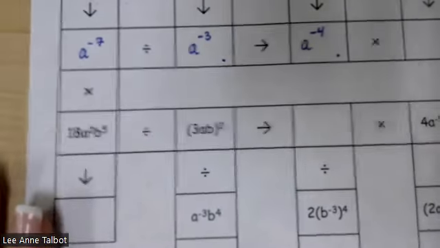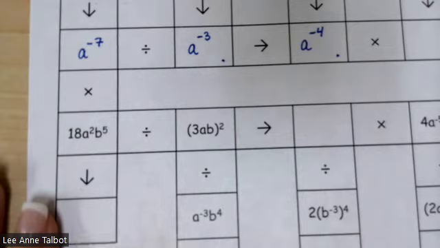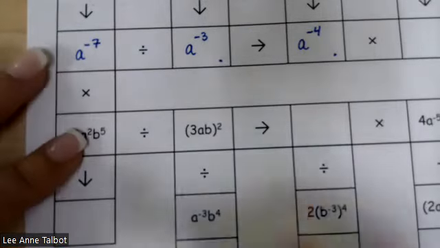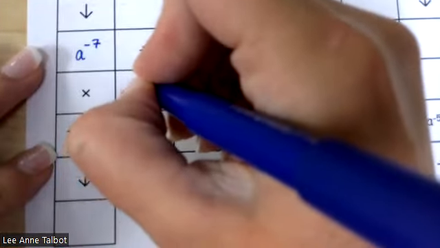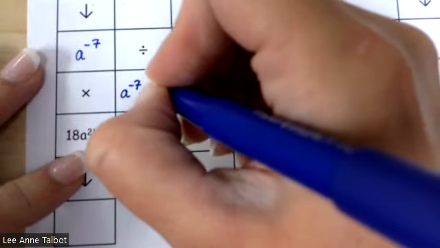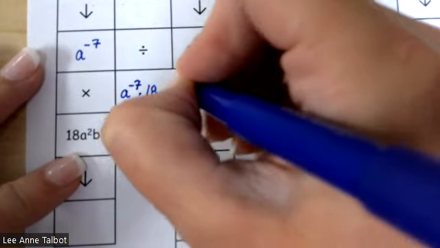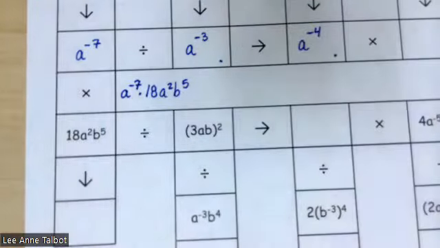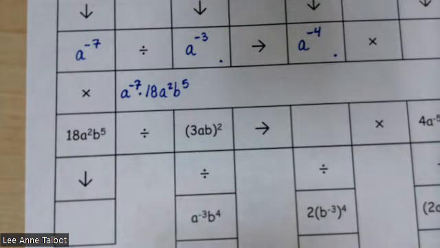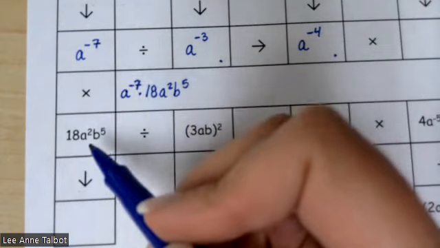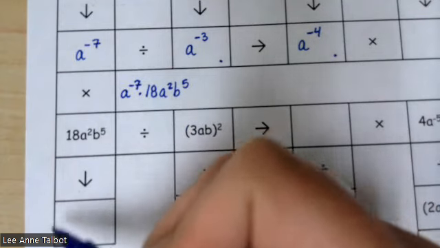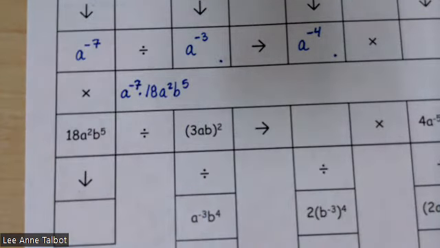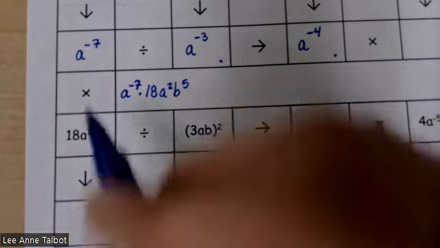Okay, now I want you guys to focus over here, this little spot. So I'm going to write this out, a to the negative 7 times 18a squared b 5. So I'm right here finding this box, which is kind of a dead end. And what do I do with this problem?